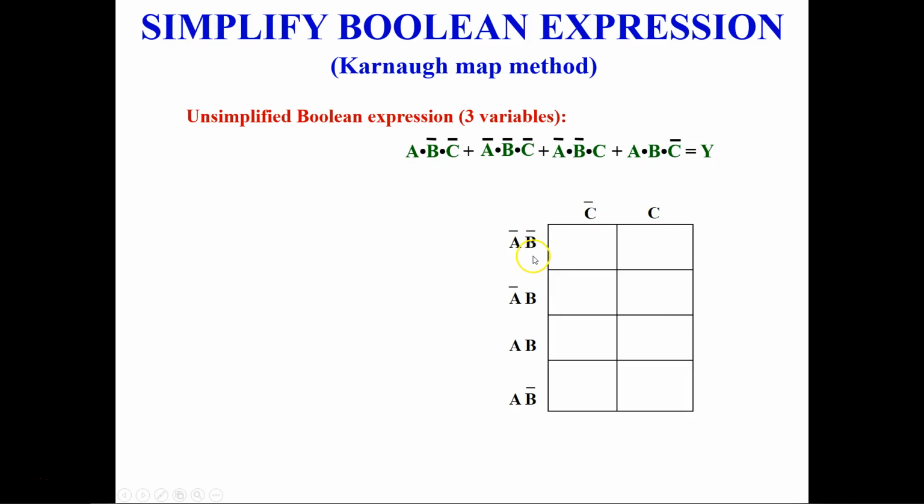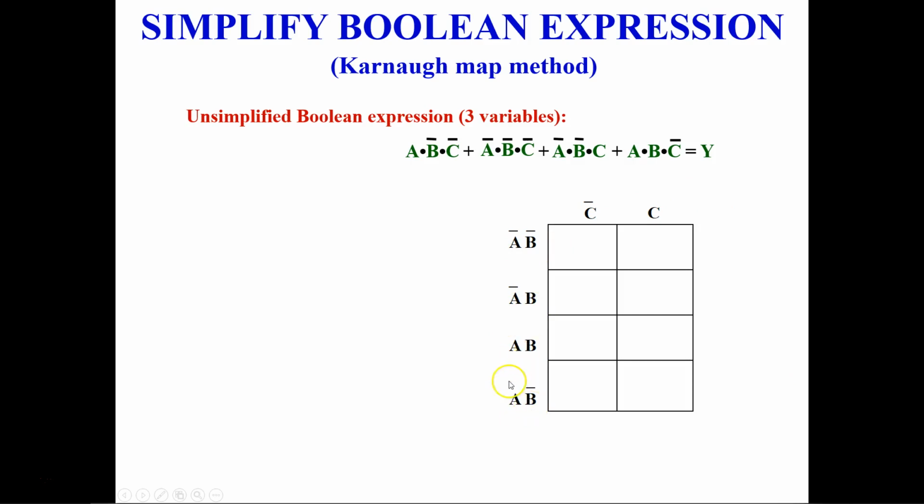You form a table like this, and then you put exactly the way it is written over here: A bar B bar, then A bar B, then A B, and then A B bar.